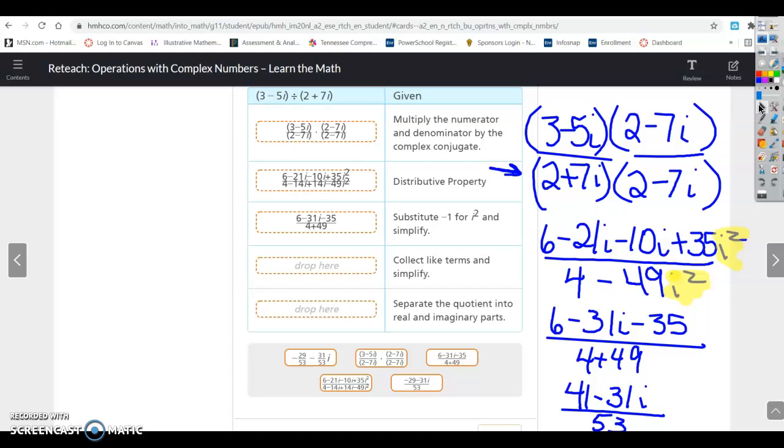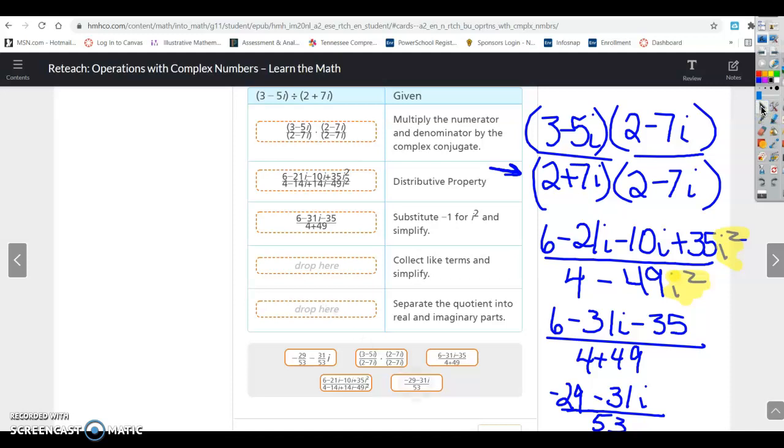Well, let's see here. 6 minus 35, I added that wrong, so that is not right. So this is going to be minus 29. I missed the negative there. So 6 minus 35 is negative 29.